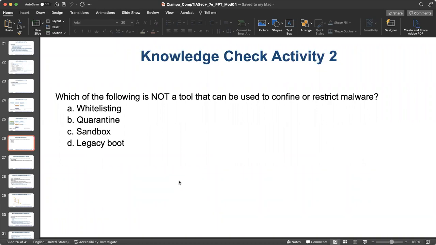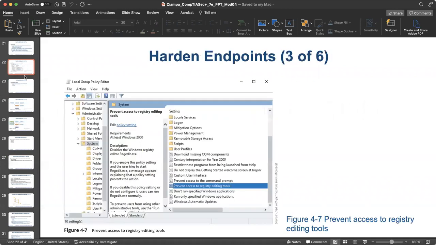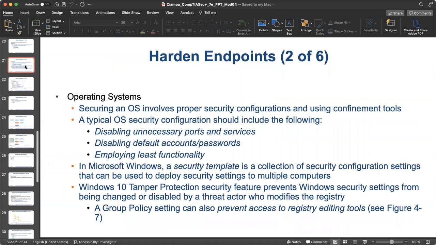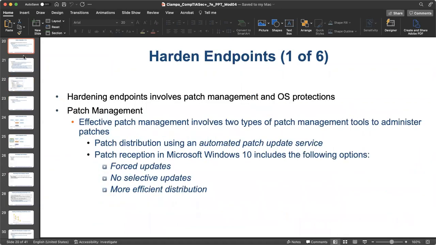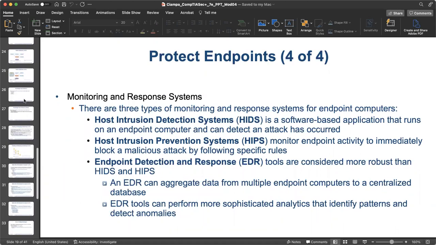Yeah, whitelisting. Everybody says whitelisting. D, letter D. Legacy boot. Look at this. I think I talked about this earlier. Yeah, we talked about this earlier, guys.